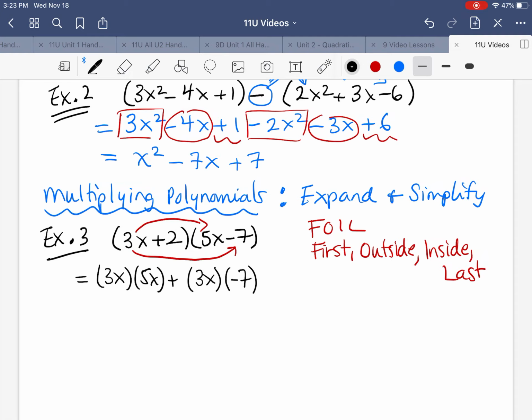That way we don't accidentally double up on a negative sign or miss a negative sign altogether. So we've done first, we've done outside, now we're going to do inside. So we're going to do positive 2 times 5x. And lastly, we are going to do positive 2 times -7.